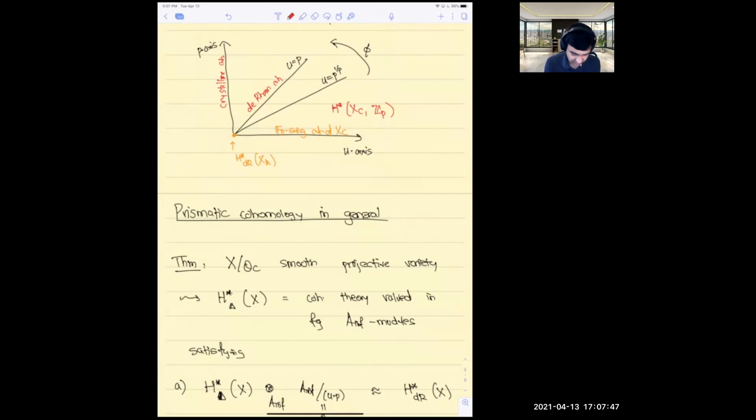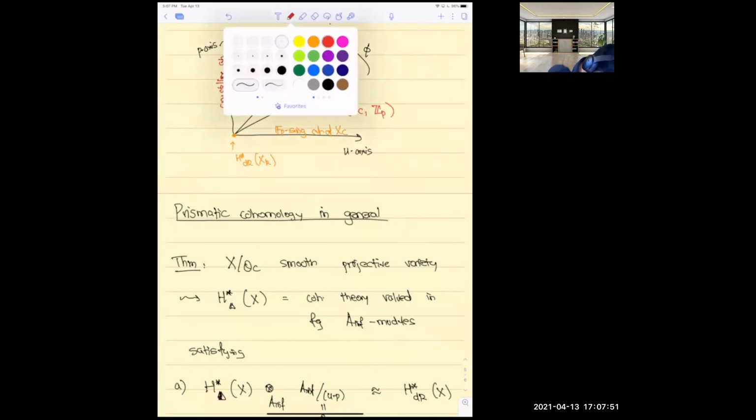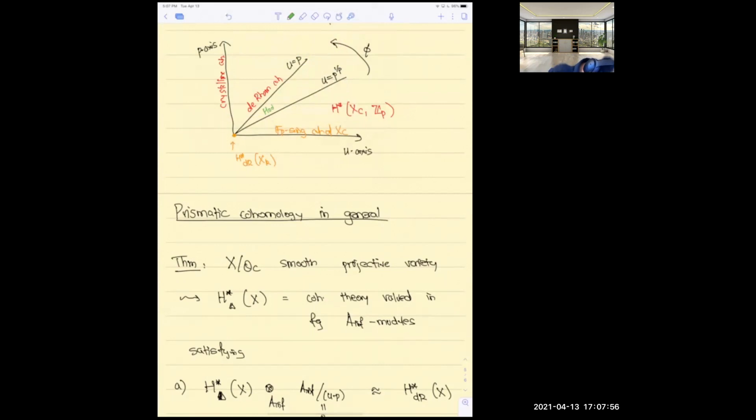I'm just pointing out that it's in this picture. But what you get over here on the u equals p to the 1 over p axis actually seems new. I'm calling this Hodge-Tate cohomology, and it turns out to be quite useful in some commutative algebra applications that I'll get into tomorrow or Thursday.